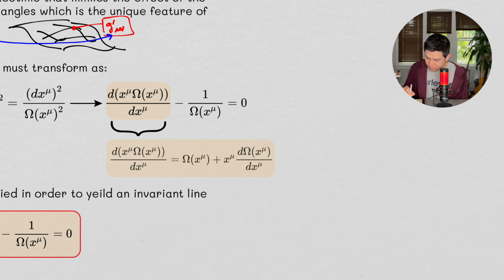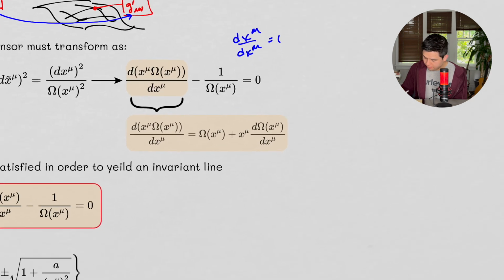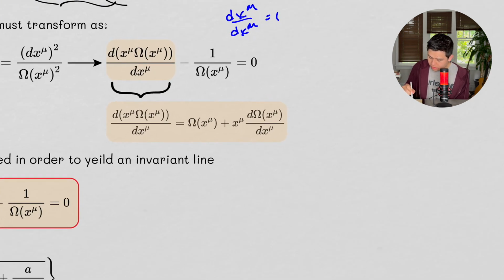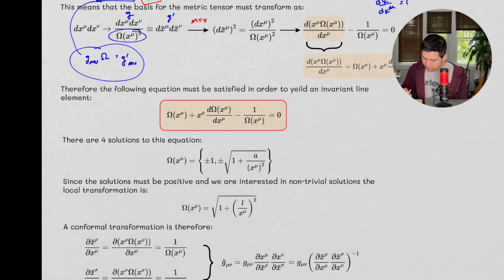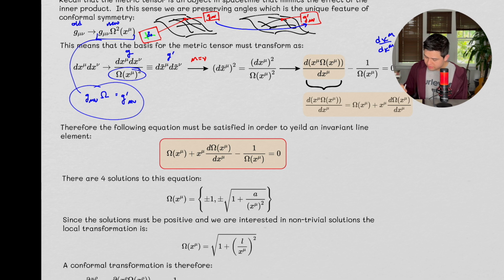Because dx mu is just 1. Alright, so we're getting somewhere here. Now we're going to replace this guy with this. And so that means the following equation must be satisfied in order to yield an invariant line element, or to yield something akin to what a conformal symmetry would look like.